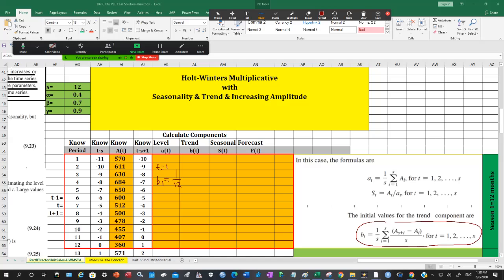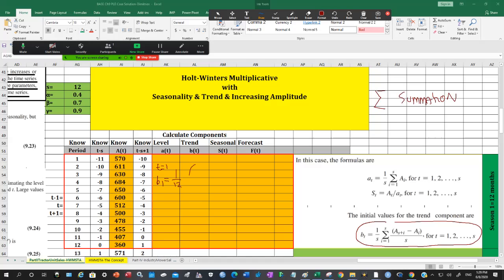And this is the summation sign. The uppercase Greek letter sigma is summation. And this is I equals 1 all the way to 12.